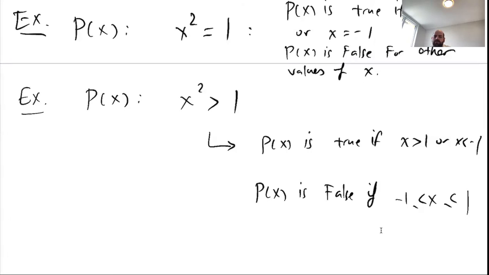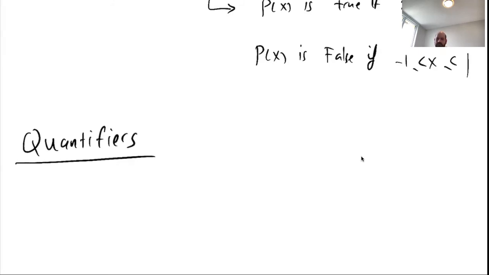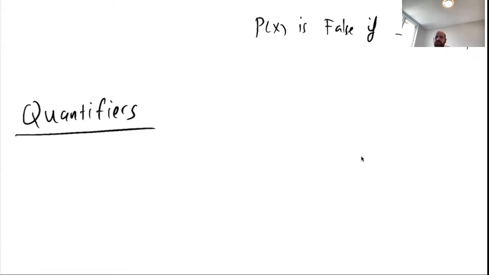Okay, so this is about predicates. Now let's look at quantifiers. So we have a few important quantifiers in mathematics, which appear in different fields and contexts. One of them is called the universal quantifier.